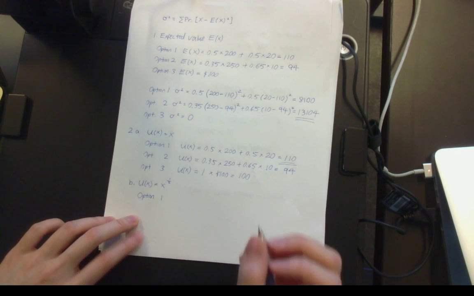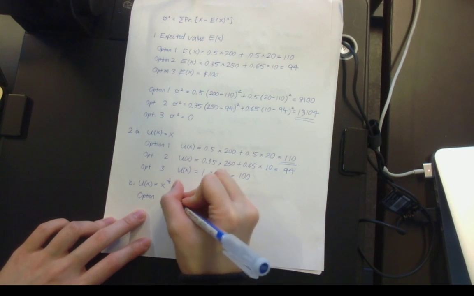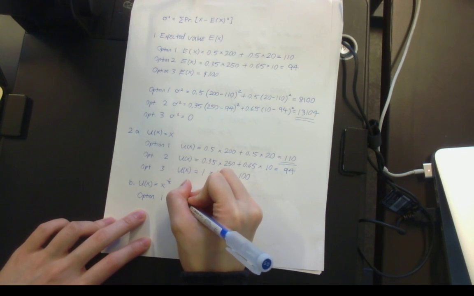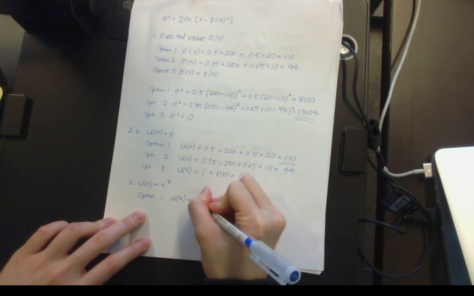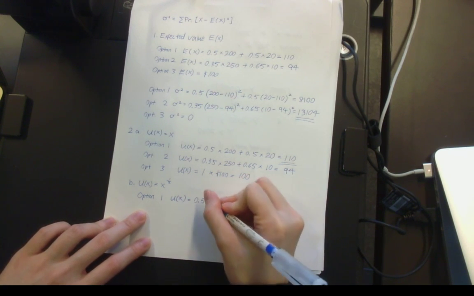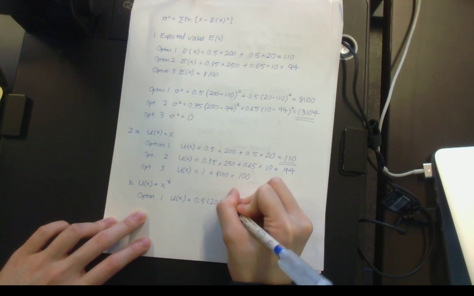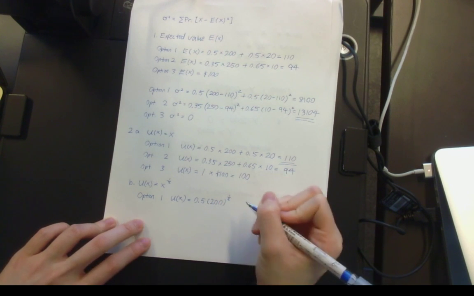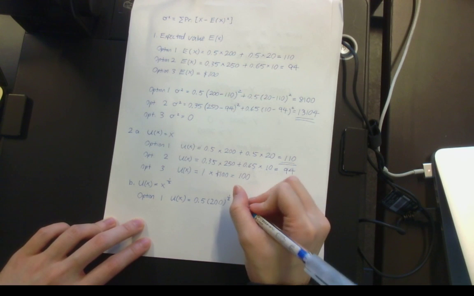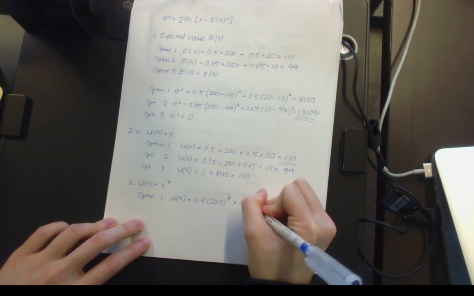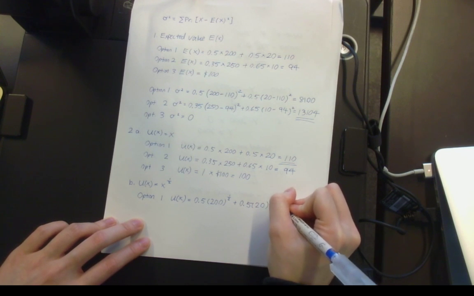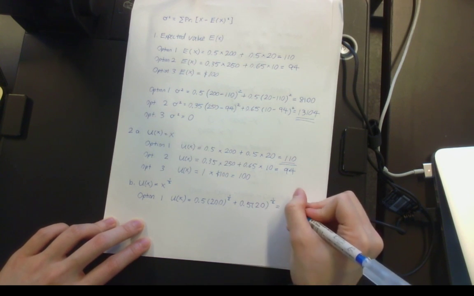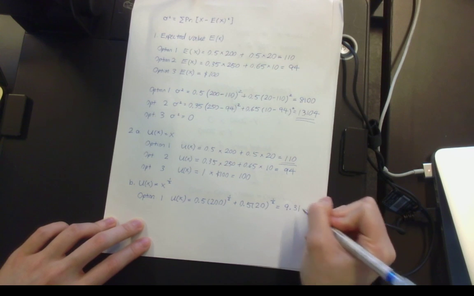For option 1, the expected utility is 0.5 times 200 to the power of 1/2 plus 0.5 times 20 to the power of 1/2, and you have an expected utility of 9.31.